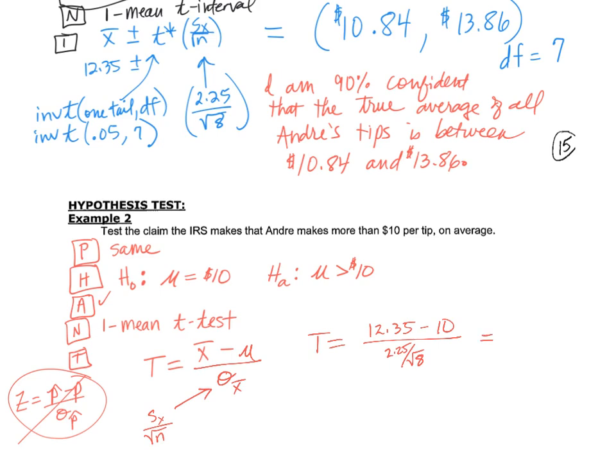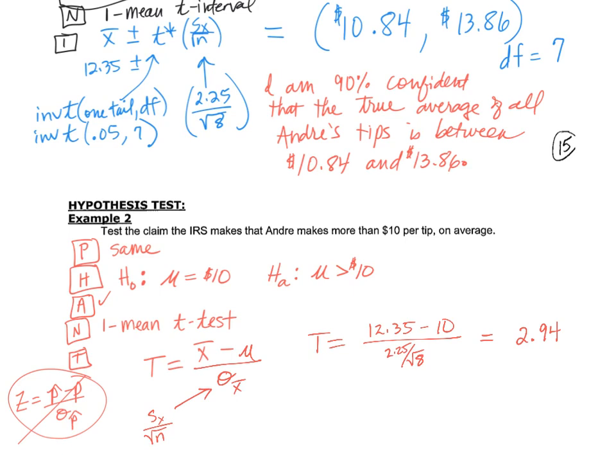That ends up being 2.94. So your t-score means your sample is almost 3 sample standard deviations out there. Okay? All right. So that's the test statistic.